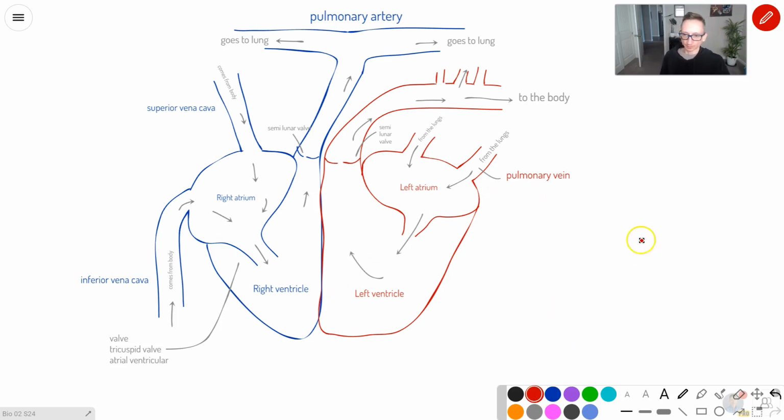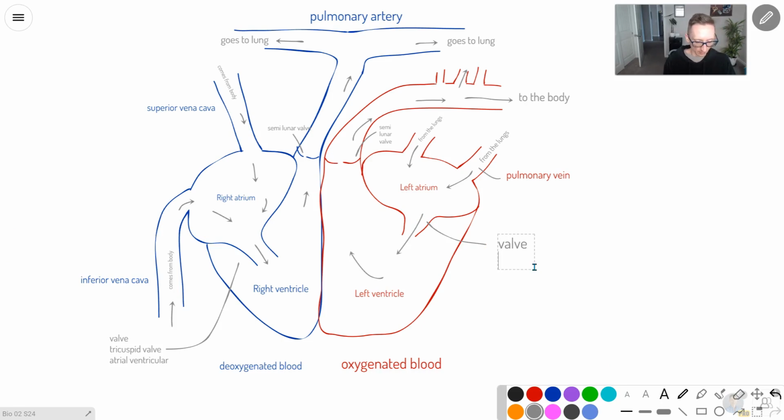All right. So this is deoxygenated blood, low in oxygen. This is oxygenated blood. I forgot about this. It's also a valve.